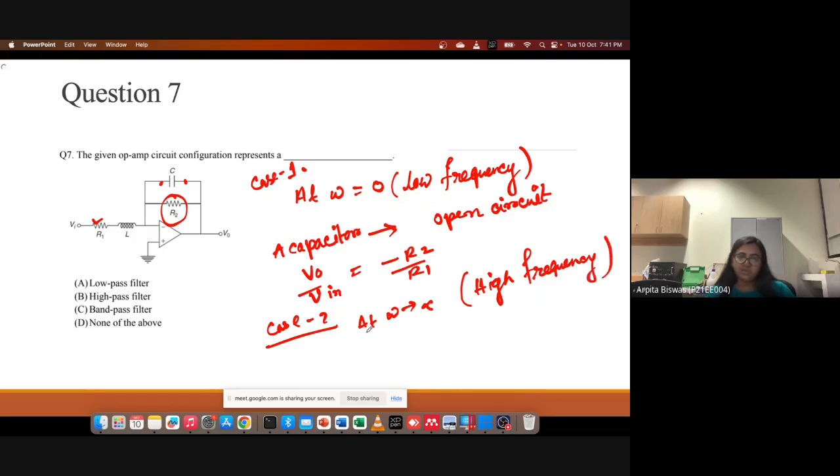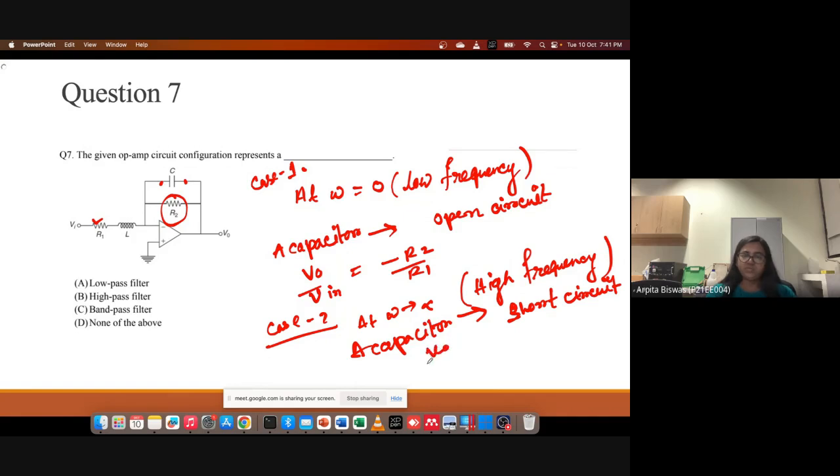So what happens in the high frequency? A capacitor behaves like open circuit or short circuit? Tell me. It will be short circuit. Okay.